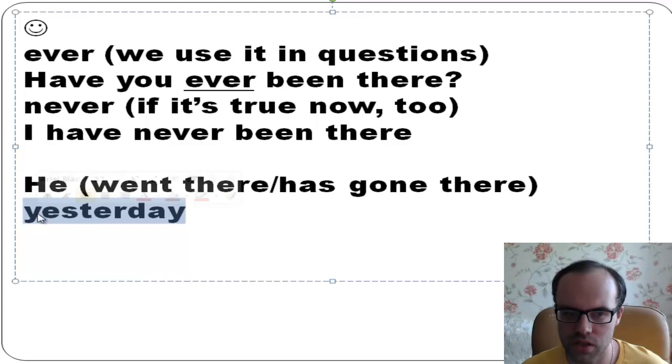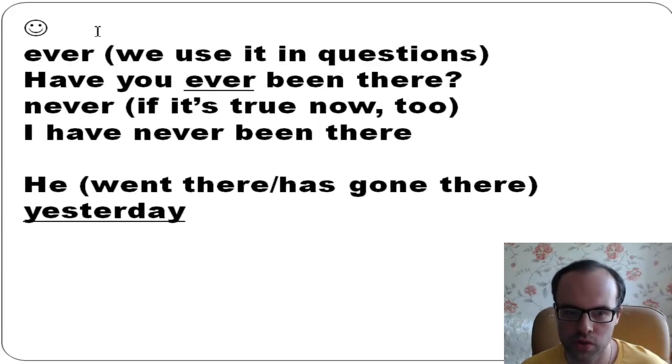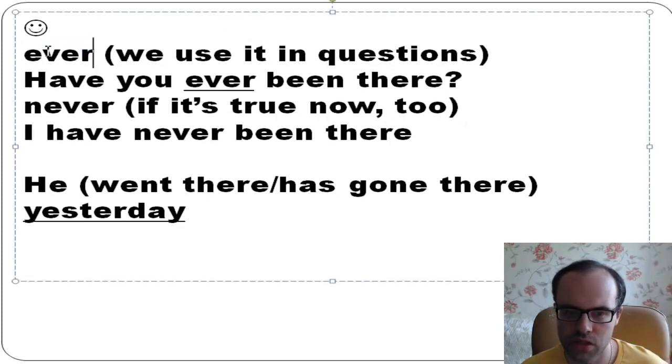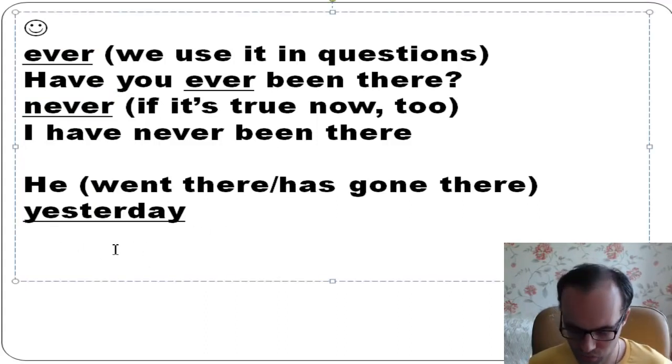You see yesterday, and you know that there are some words which tell us that we need to use present perfect. It's really good that you know these words. And there are some words which tell us that we need to use past simple. Yesterday is one of these words.